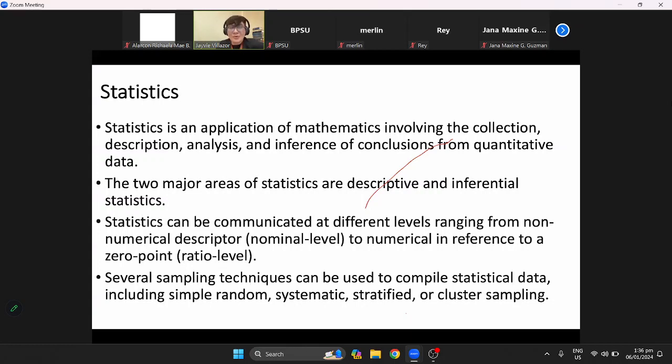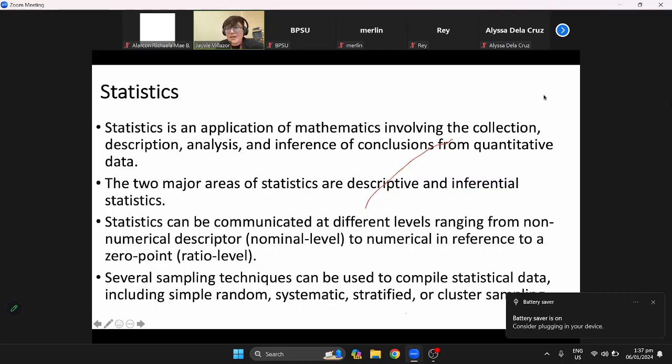Later on, we're going to elaborate this, or we're going to discuss more about the scales of measurement, namely nominal, ordinal, interval, or ratio. Okay? And also, guys, under statistics, again, di ba nga, ang definition ng statistics natin, collection, description, and so on and so forth. And then the last part is several sampling techniques. Okay? Several sampling techniques, it's part of the collection of stats.